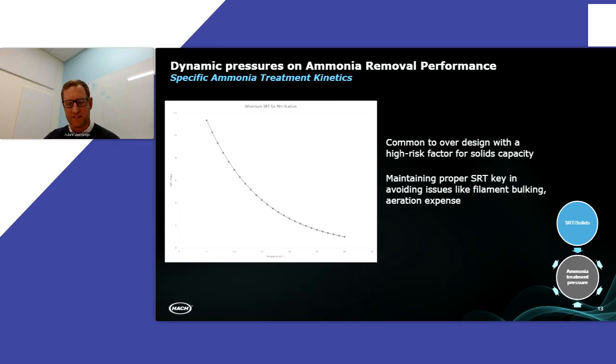It can be a challenging thing, which, like I'm mentioning, SRT. So SRT is just a common way that we quantify the solids that we have in our system. And when we say solids, that's a combination of inert matter in the system, and also our organisms, these bugs that are doing the work that we need them to do to treat for nitrogen forms, whether it's ammonia, nitrate, nitrite, and that sort of thing.